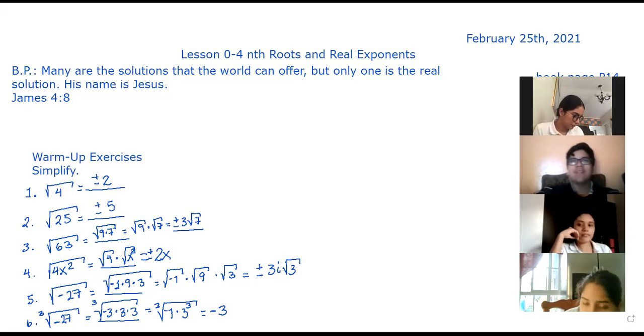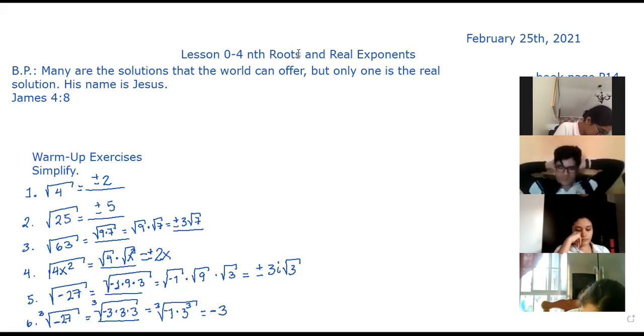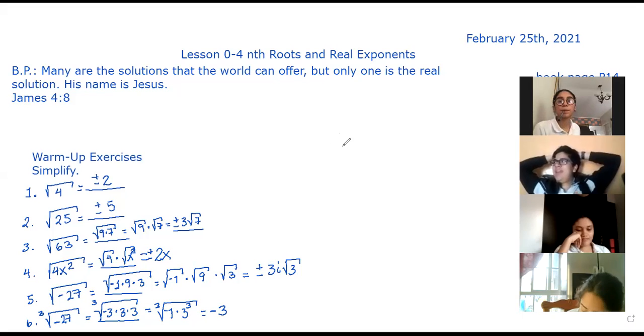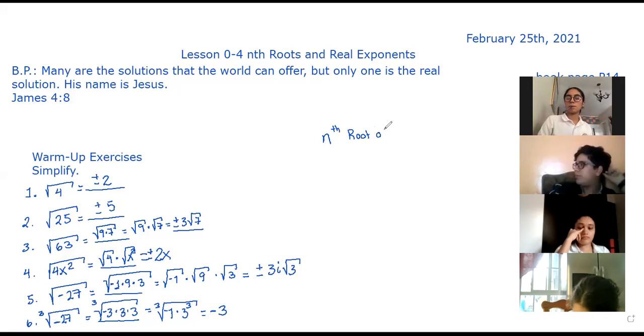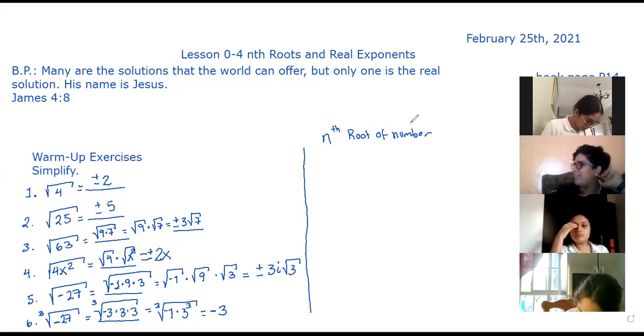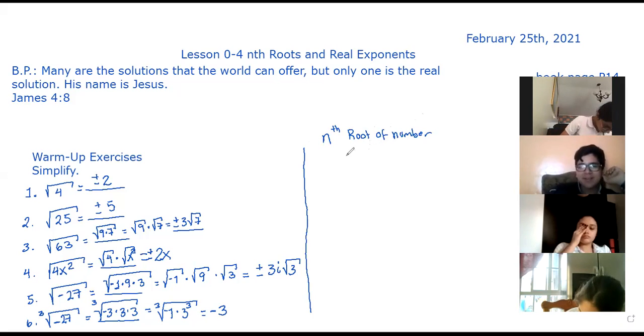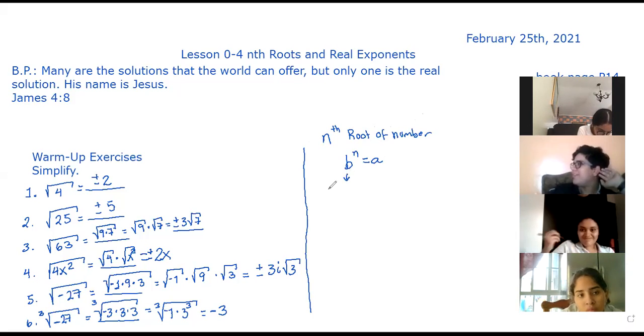Okay, so that definition is important. So we are going to write it down here. We're gonna write nth root of a number. I'm going to make my line here because these were my warm-up exercises. Now we're going to the class. If you have b to the n equal to a, this b is known as the nth root of a.